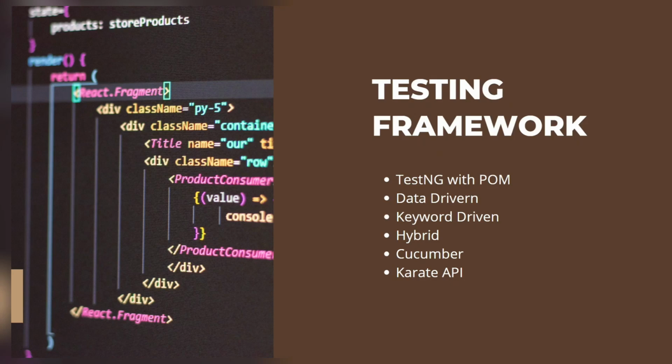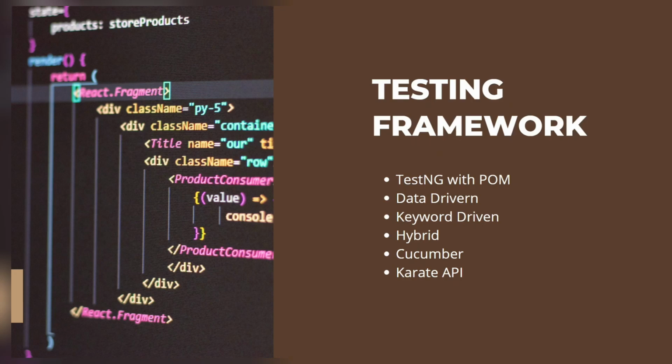For each and every framework, there are different prerequisites. First, complete those. For TestNG with POM: what exactly is POM, how to create the folder structure for POM, what exactly is TestNG, what are the different annotations used in TestNG, what is the data provider. This is the prerequisite, and then start creating your testing framework.